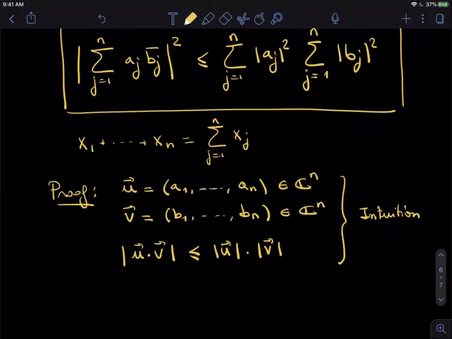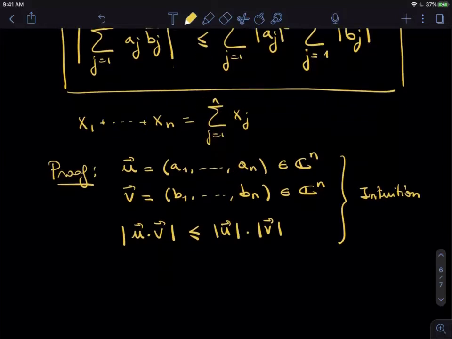Now, once we have this idea, the idea for the proof is that we have our two vectors u and v. We can, for example, decompose u into two parts, one that is perpendicular to v and another one that is in the direction of v.